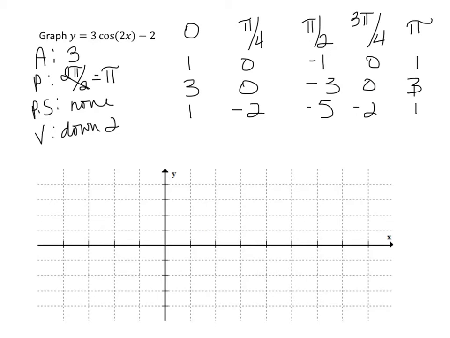I didn't label this axis, but I would again label this pretty simply, pi over 4, pi over 2, 3 pi over 4, so that one would be pi. This one's 2 pi, and going backwards I have negative pi. On the y-axis I will make this counting by 1, so there's 3, and here's negative 3.